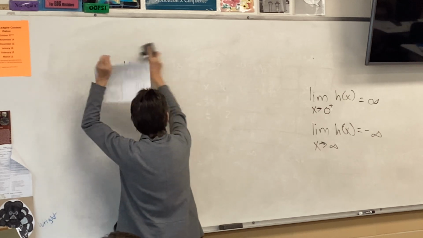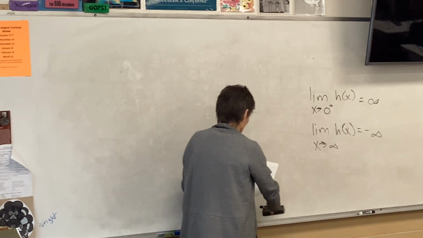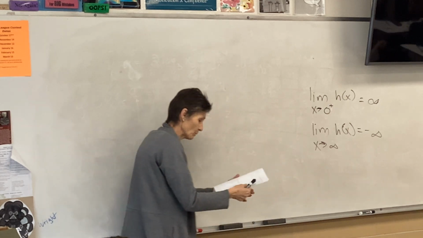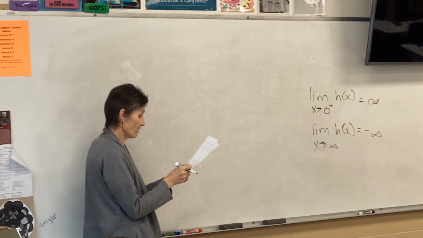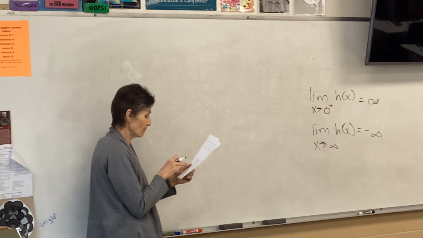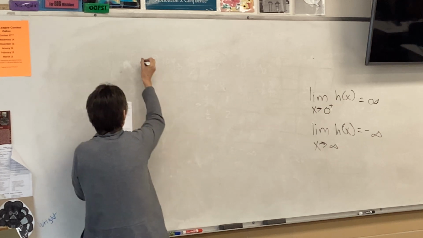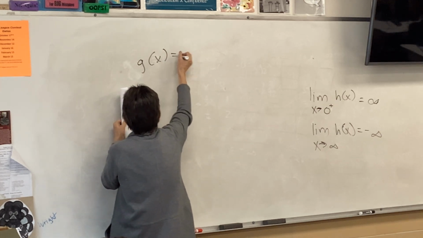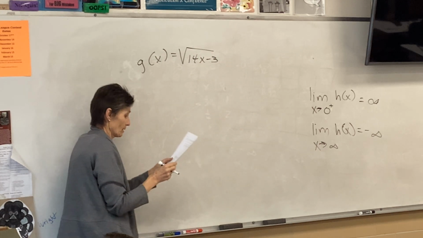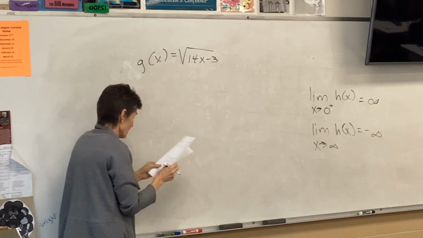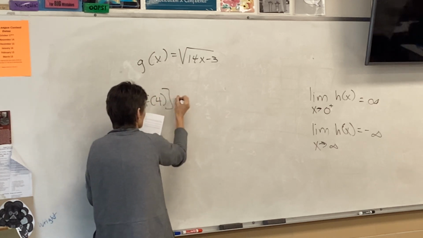On this one-page review that everybody got, we already did the first couple, now we're doing station 4. The graph of the function f is drawn, a table of values for h is given, and g is square root of 14x minus 3. Okay. Find h of f of 4.